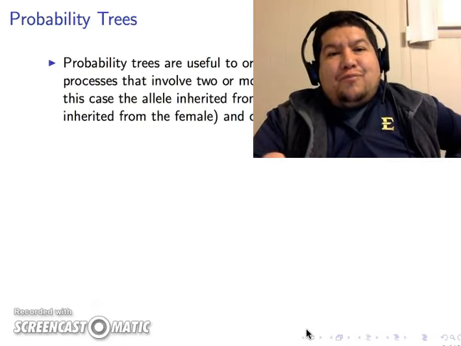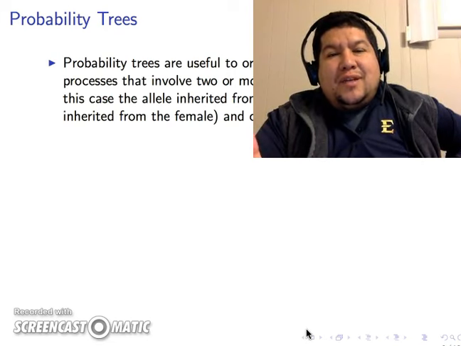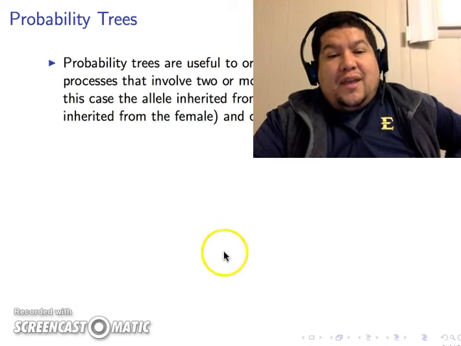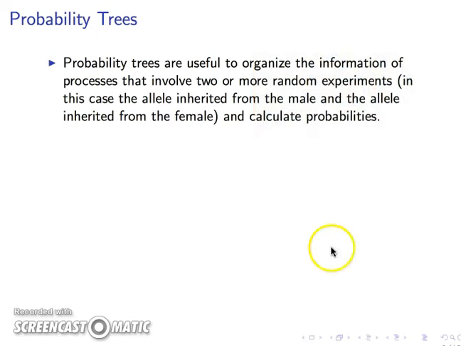Using trees in the calculation of probability, especially in calculations that involve conditional probabilities, is a very useful tool. These probability trees are diagrams that can be used to organize the information we have while getting ready to carry out some calculations.